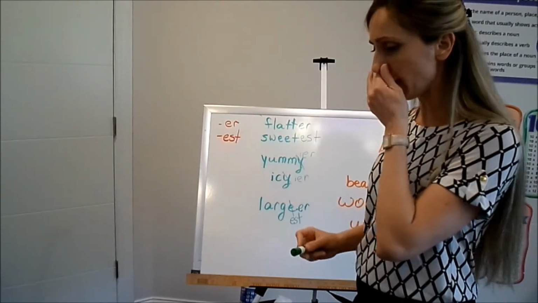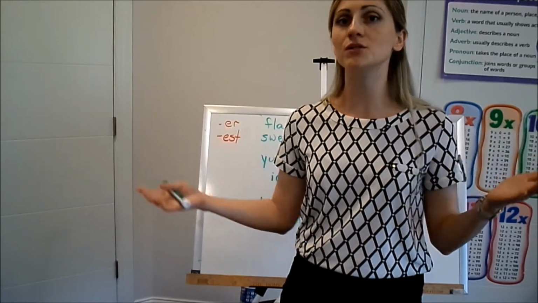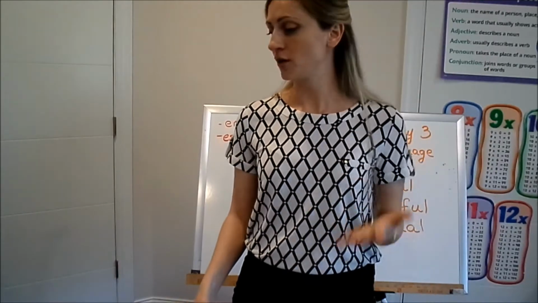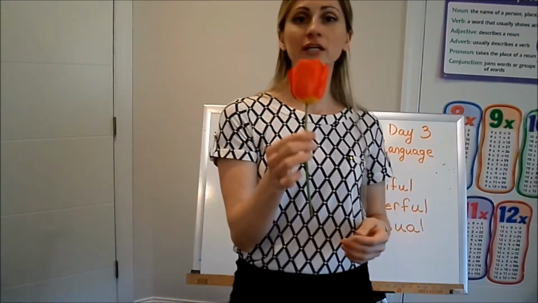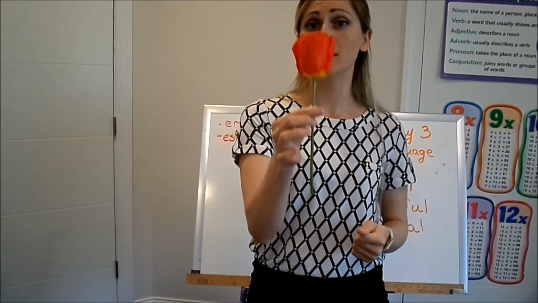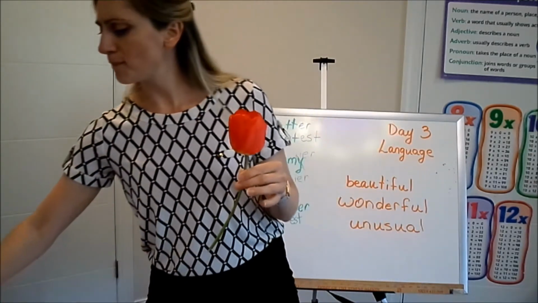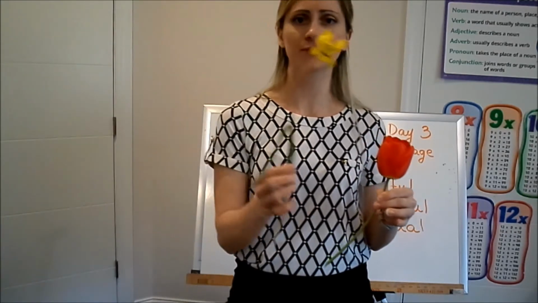Okay? Now, sometimes there are adjectives that are way too long to add more suffixes to. For example, take a look. If I were to find a really beautiful flower, I would say, this flower is beautiful. But someone gave me another flower. Take a look at this one here.